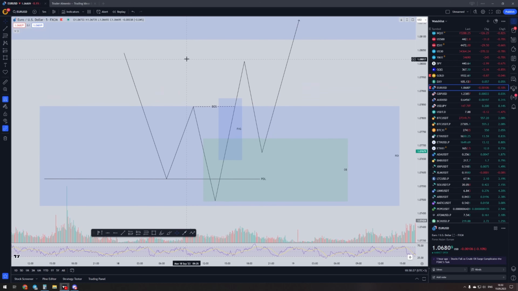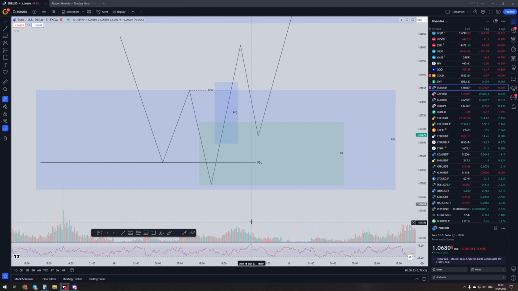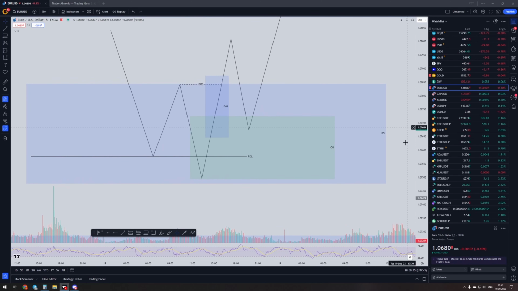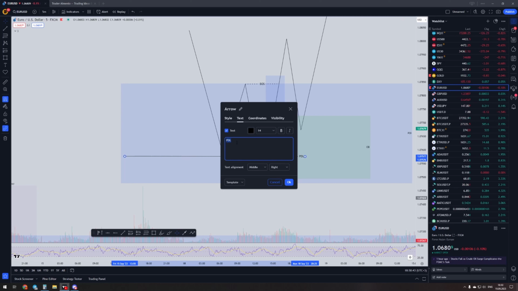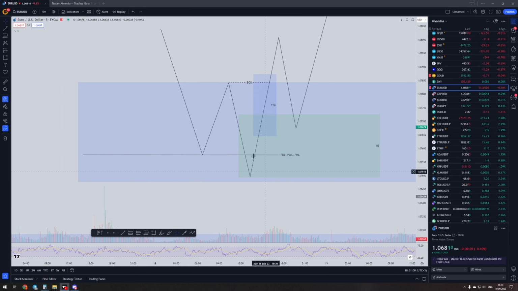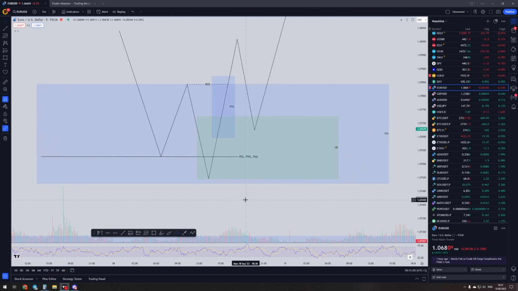When I see a construction like this with a fair value gap, with an order block, and everything in the POI, and also liquidity levels such as the previous daily low, previous weekly low or previous weekly high, it doesn't matter, right? As soon as we see these key liquidity levels, this is going to be a sign for me of where I will be looking for my position.